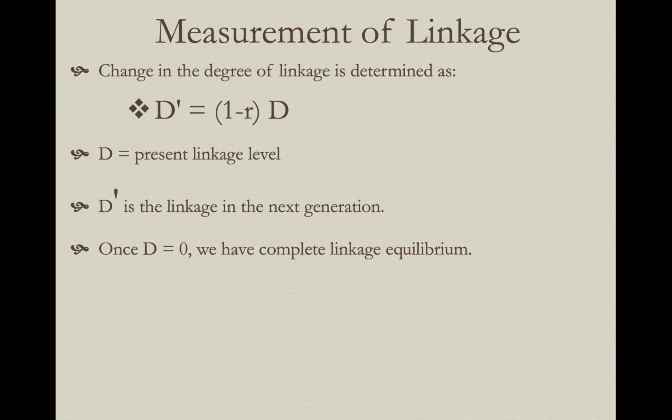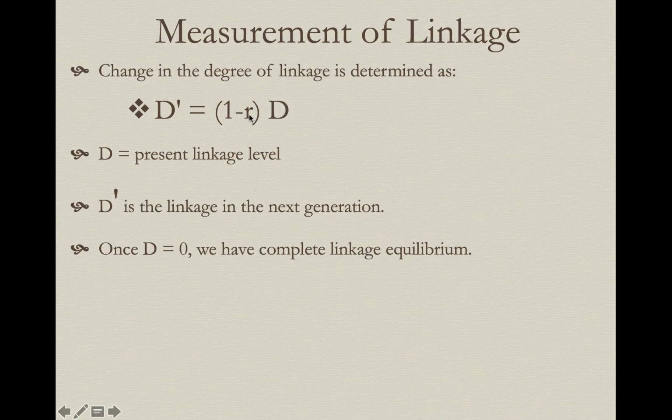All right, let's just understand what this formula represents. If we have an R of 0, where there's no recombination, this number is just going to be 1. So 1 times D, D and D prime aren't going to change. So we're not going to be changing our linkage disequilibrium from one generation to the next.